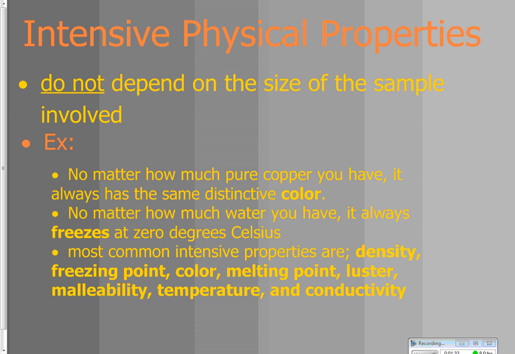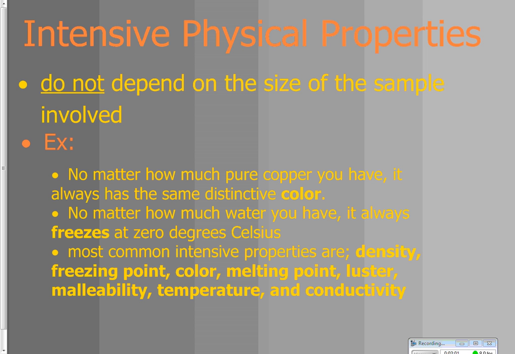Now, there are two types of physical properties. The first type of physical property is called an intensive physical property. And an intensive physical property does not depend on the size of the sample. So, for example, if you have copper, whether you have a small copper penny or a large sheet of copper, no matter how much of it you have, it will always have that same distinctive reddish brown color.